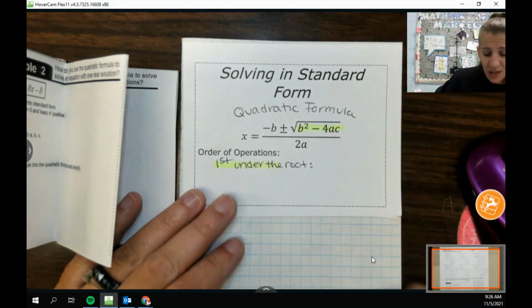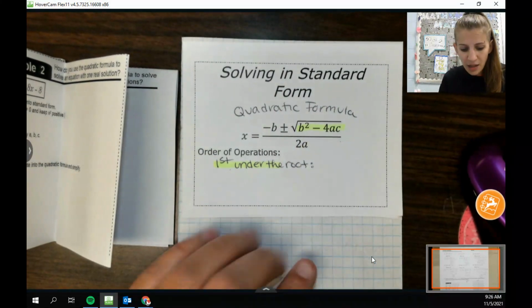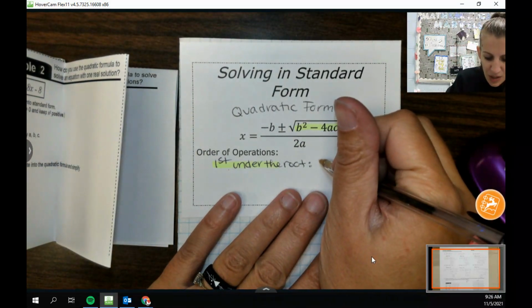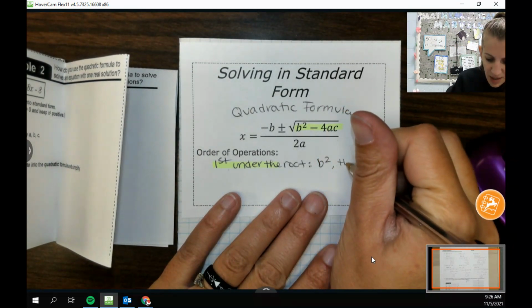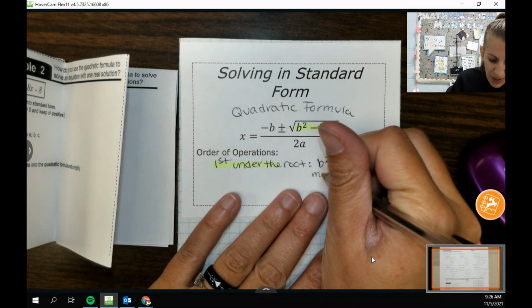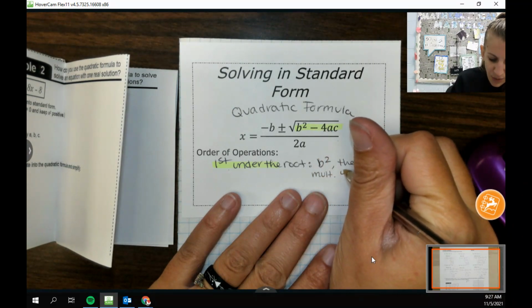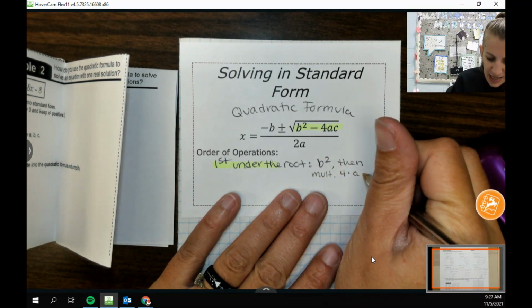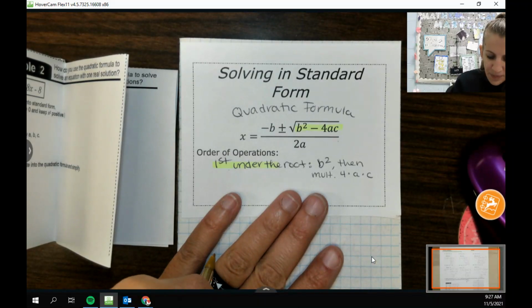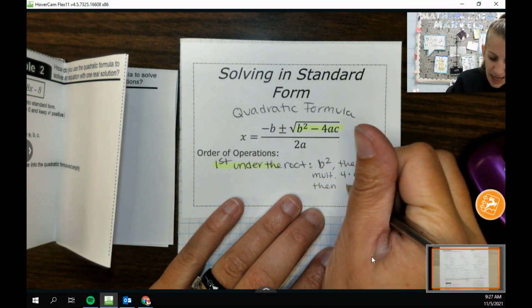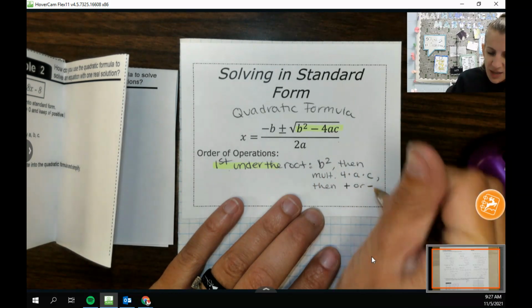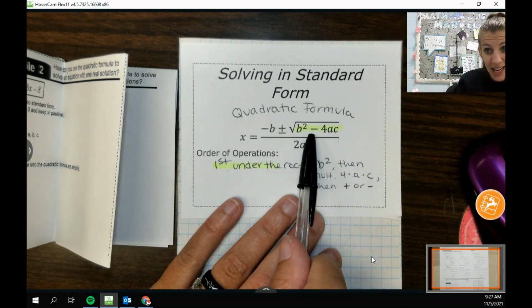And underneath that there's an order as well. So we're going to do the squared part, then multiply 4 times a times c, then add or subtract, which I know sounds a little sus because it says subtract right there.